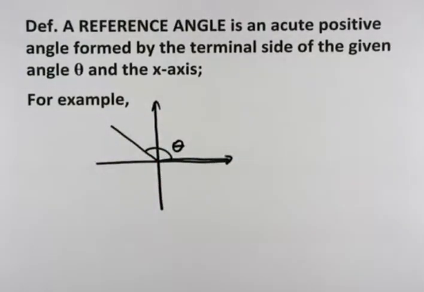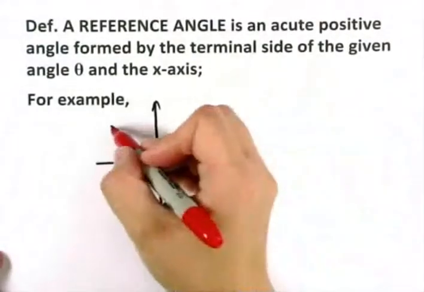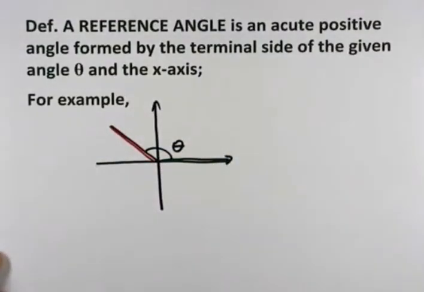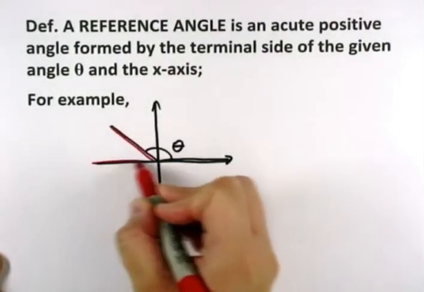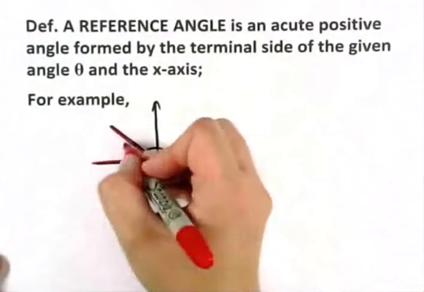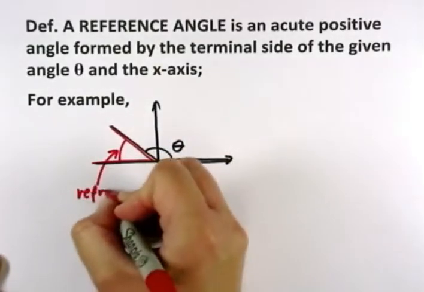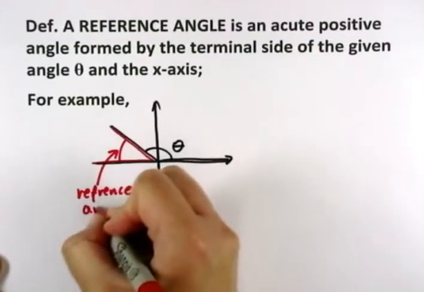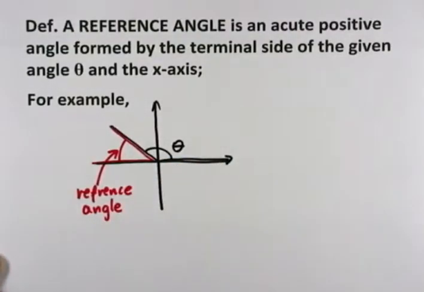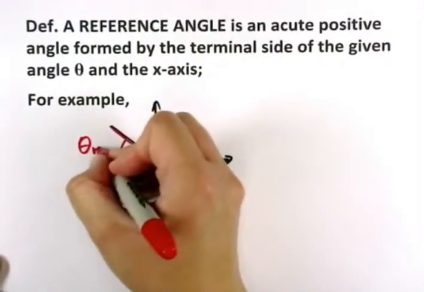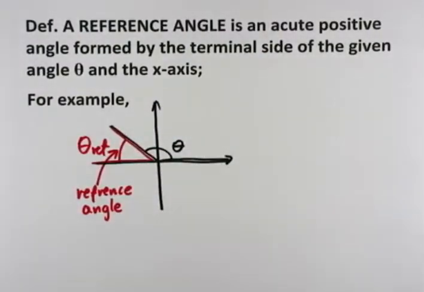The reference angle is formed by the terminal side and the x-axis. So this is the reference angle, or we can write theta ref. It is the acute positive angle. The reference angle is always positive.